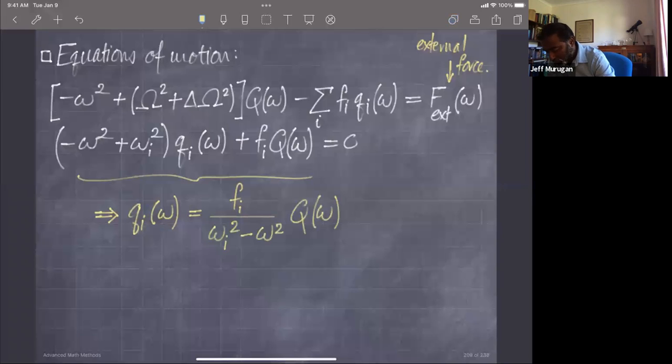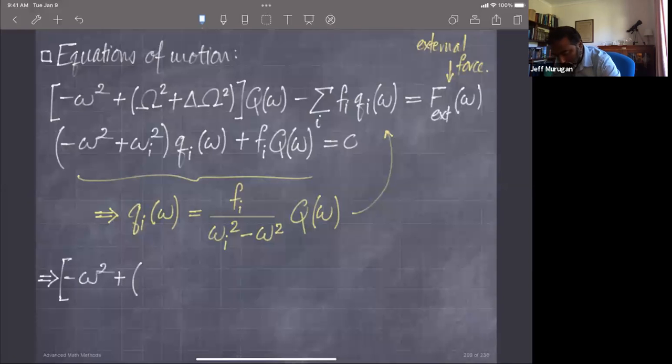So substituting back into here. When I do that, I get that the first equation becomes simply that minus omega squared plus, sorry, this should be a minus here.